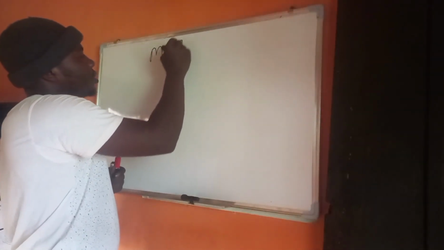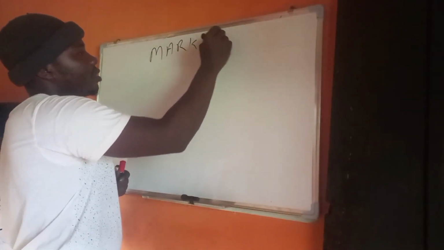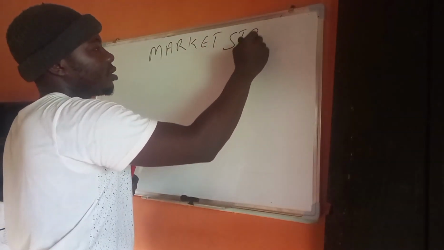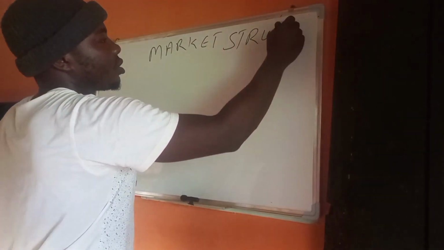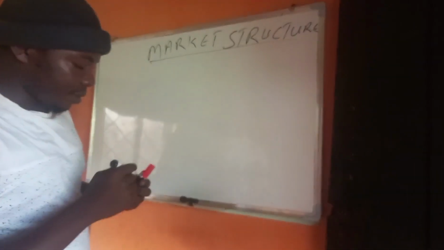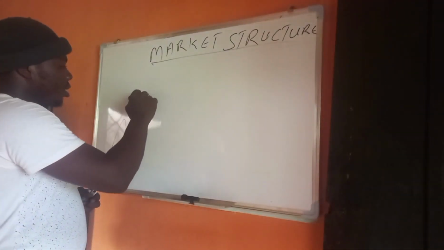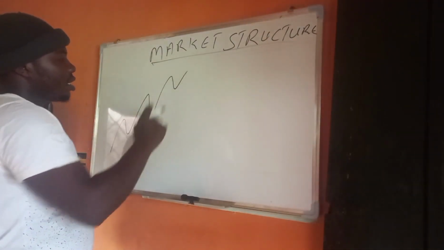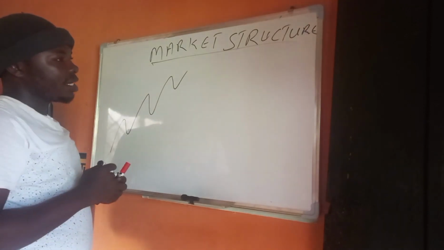Market structure. You all know what market structure is. We have the three types of market cycles. When the market is making a bullish move like this, we regard it as the market trending up.